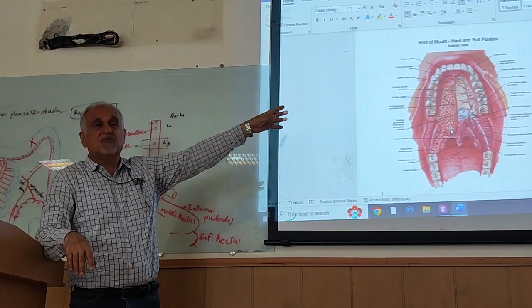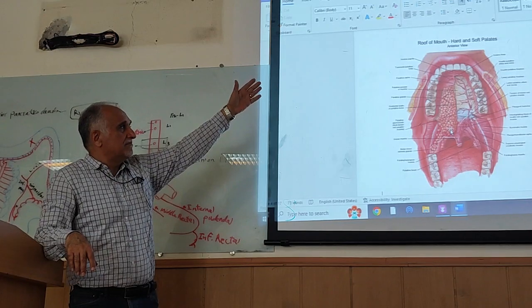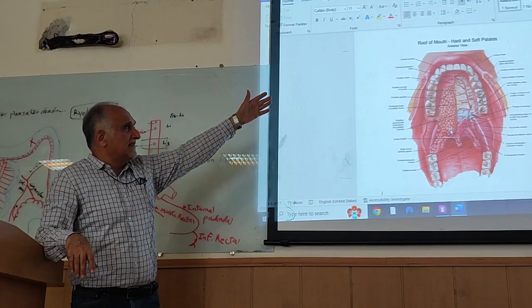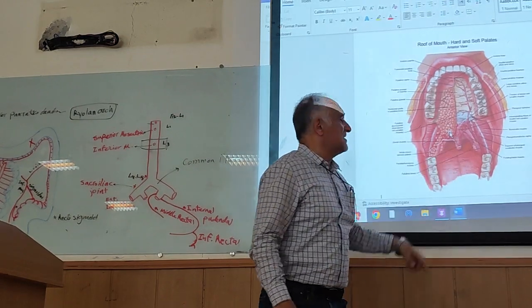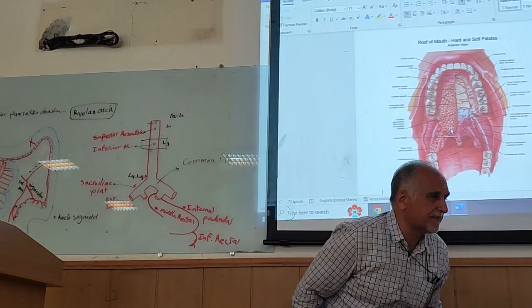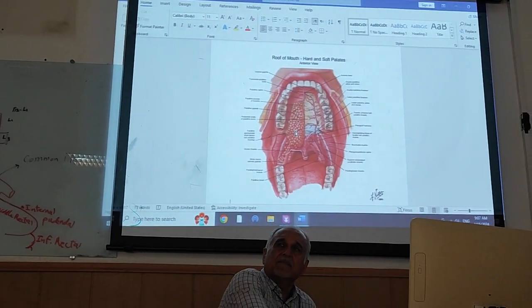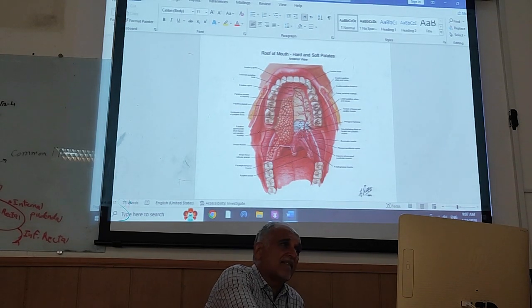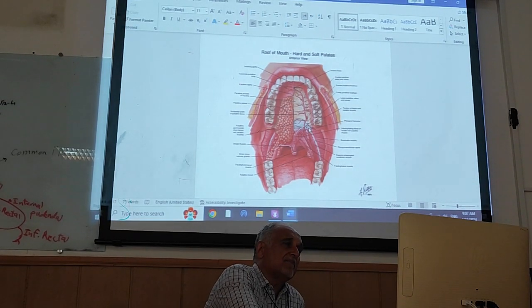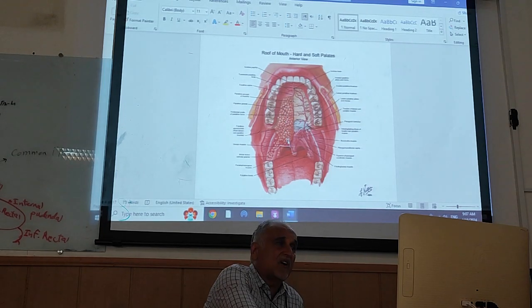I mean the teeth and the connective tissue that make this part, and they have some branches that reach the soft palate, and some fat that makes this part, and some taste buds that we have here. So they have to be supplied by these nerves and arteries.